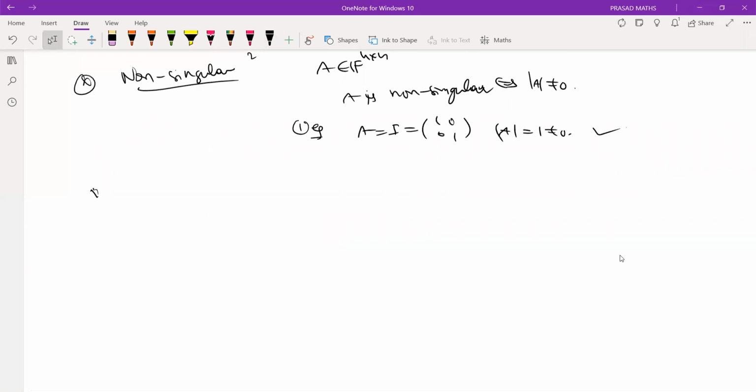Next example. Suppose A and B are non-singular. Obviously, once they are non-singular, this product is also non-singular.